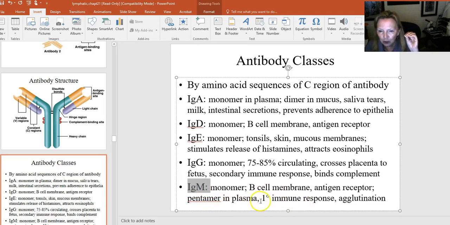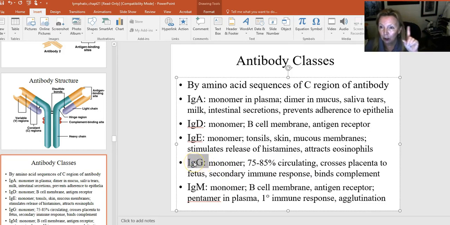And I need you to know that that's the class for the initial exposure. They're the ones that will actually be made when you first encounter it. On subsequent exposure, on the secondary, tertiary, however many times in your life you would get exposed to it again, these are called IgG.